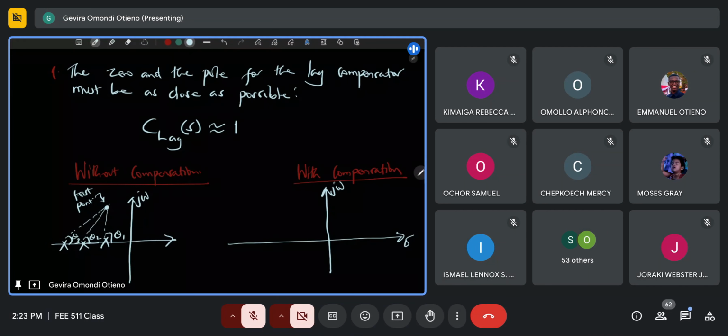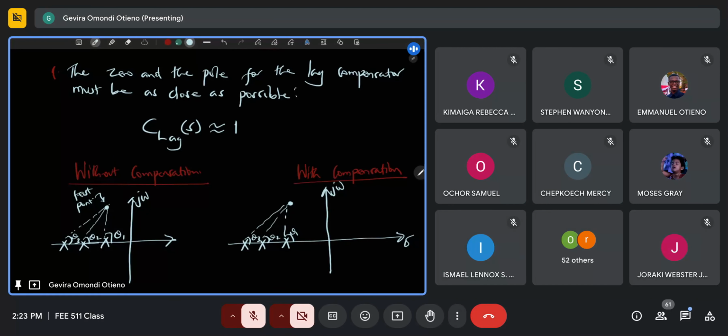We are still going to have our 3 poles there, our desired test point there, and our theta 1, theta 2, and theta 3.